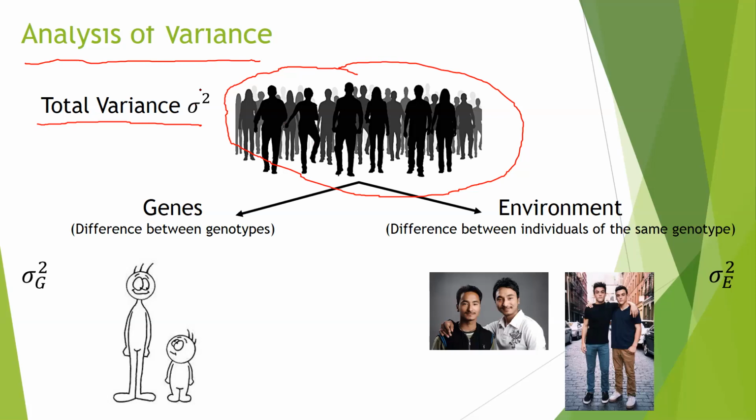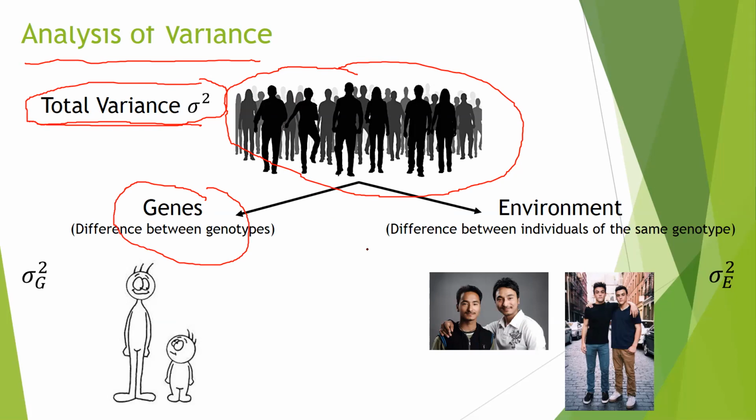The variance in the human heights observed in this population actually came from two sources. One source, of course, is genes, right? Genetic factors. Different genetic backgrounds will give people different heights.